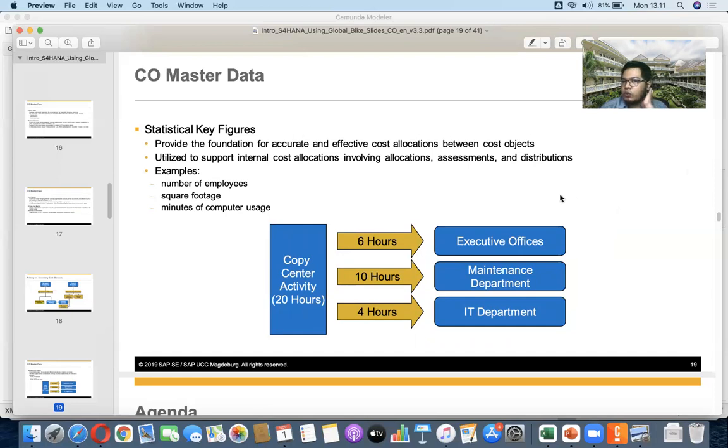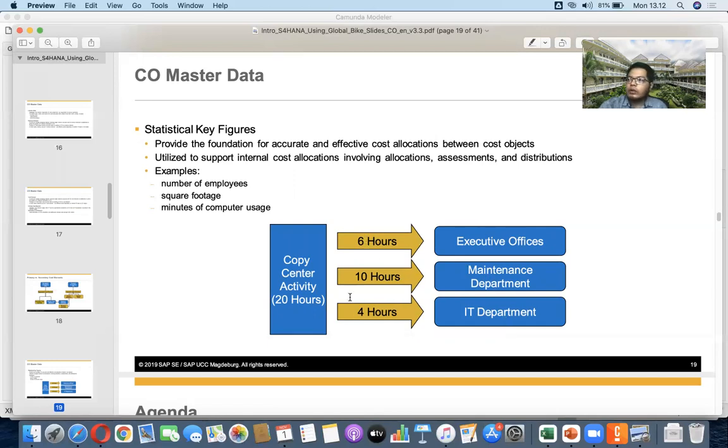This is mainly for the overhead costs that are not really related to the production itself. Sometimes we base it on time, or on man hour, etc. So this one is based on time. We provide how many hours each department can use the copy center.